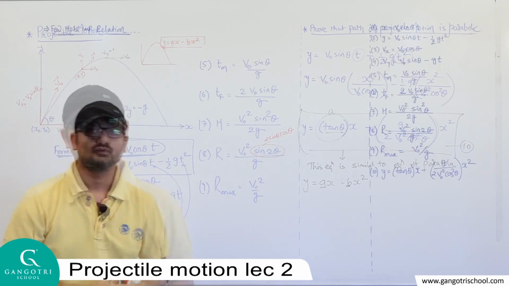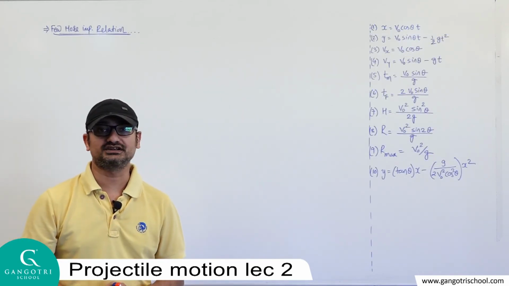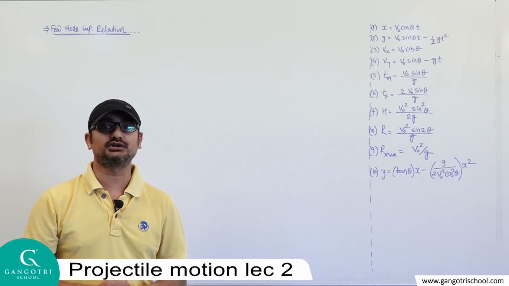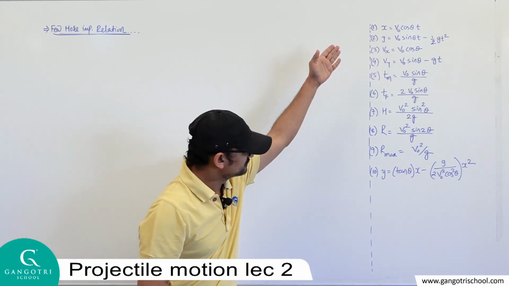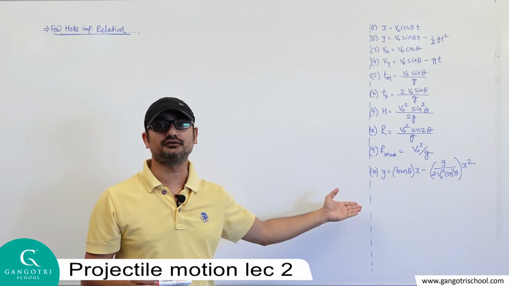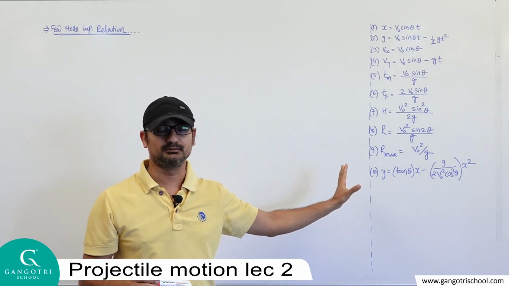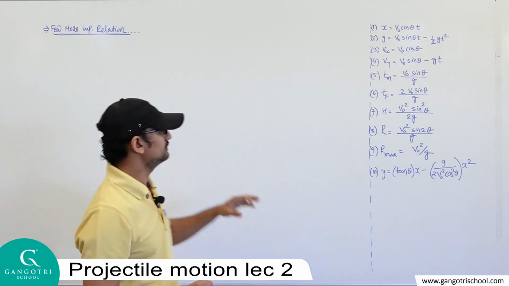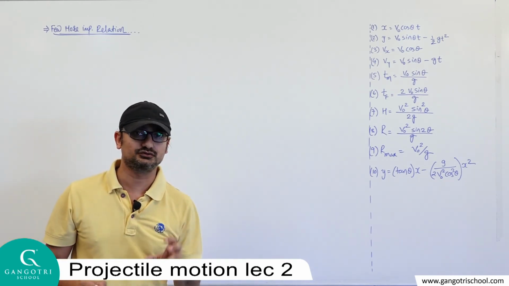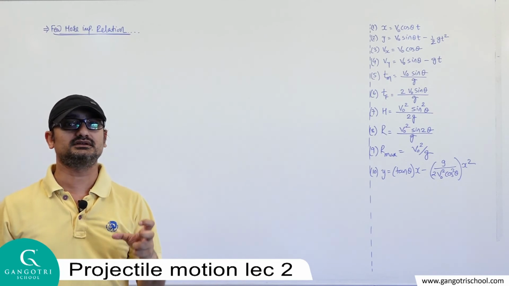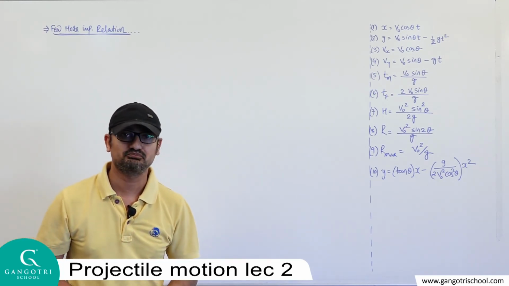Okay. So now in the topic of projectile motion, let's have a few more important relations. But look here again, these are the 10 formulas we have derived so far in the topic of projectile motion. Now a few more important relations, as I said, through which we can solve MCQs in a very short, tricky way.